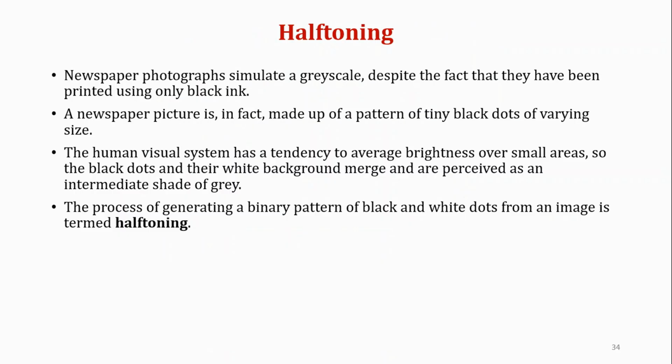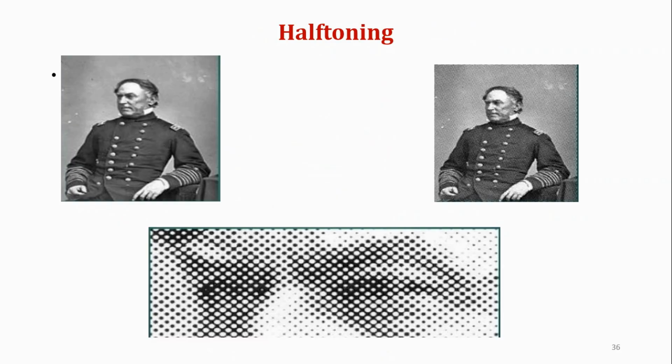These techniques allow grayscale images to be printed using only black and white dots. This is what is called half toning. Let us show the image, you'll understand easily. Check out this image. It is printed with white and black dots.